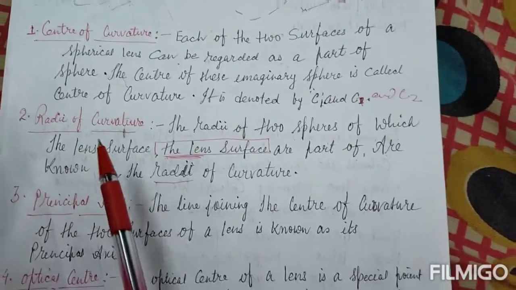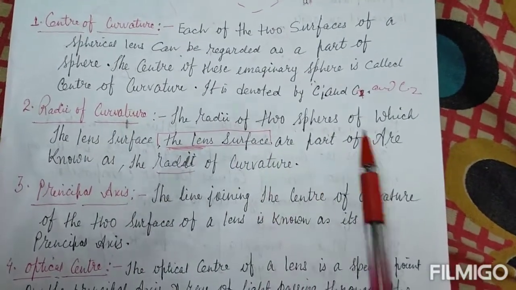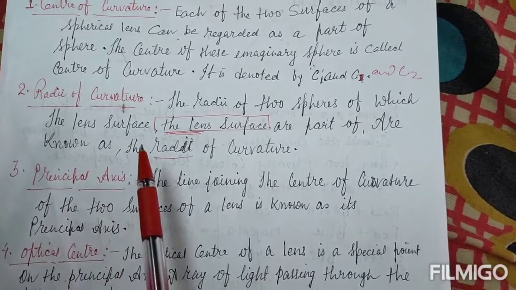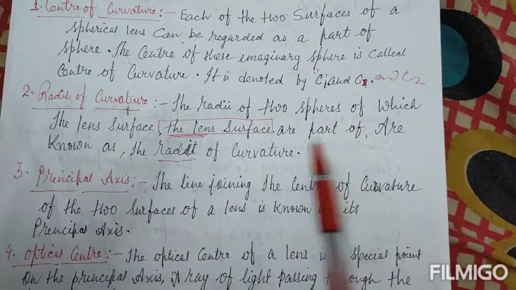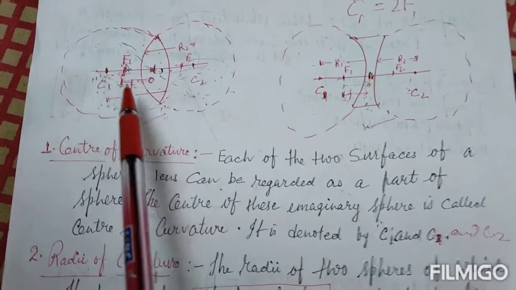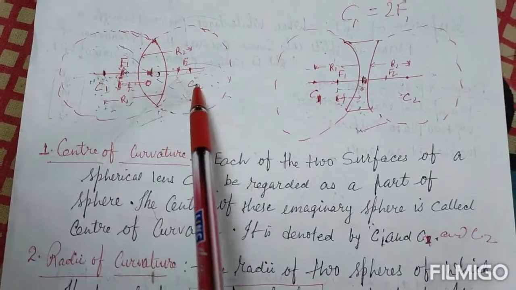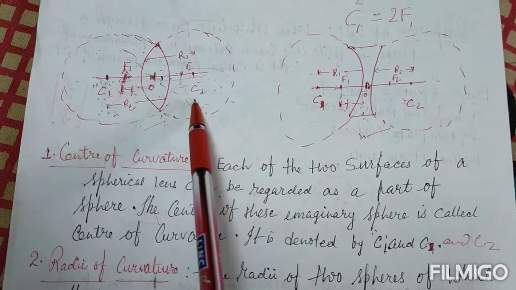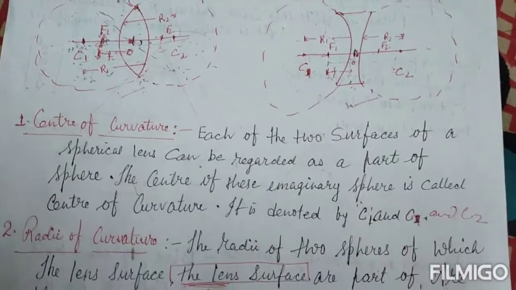Now radii of curvature. The radii of the two spheres of which the lens surfaces are part are known as radii of curvature. Simply we can say that the radius of the two imaginary spheres of which the lens is a part are called radii of curvature.